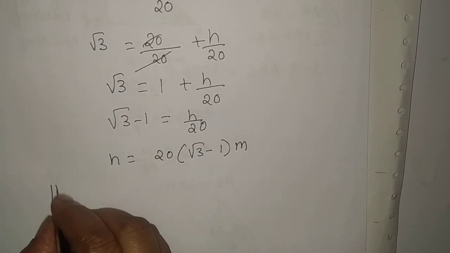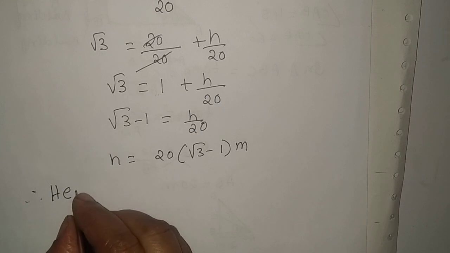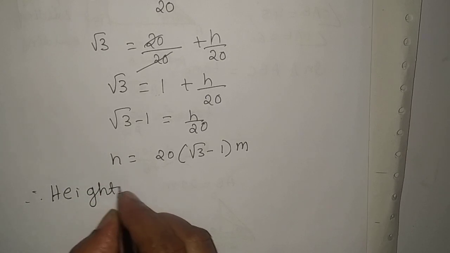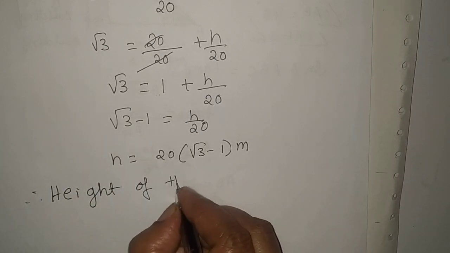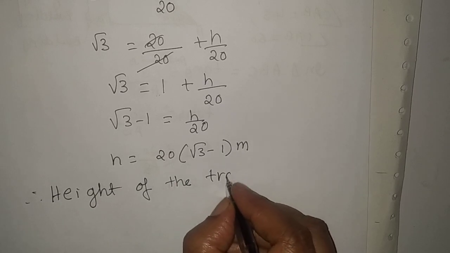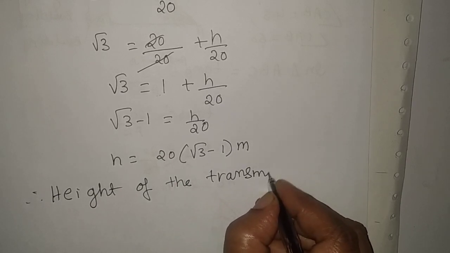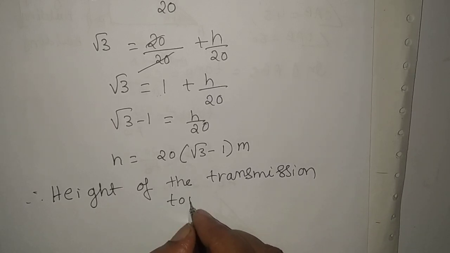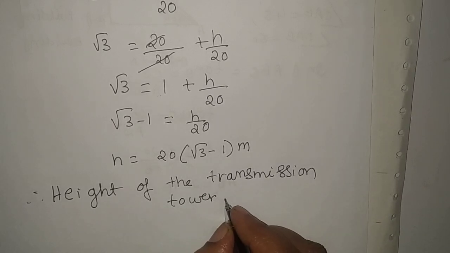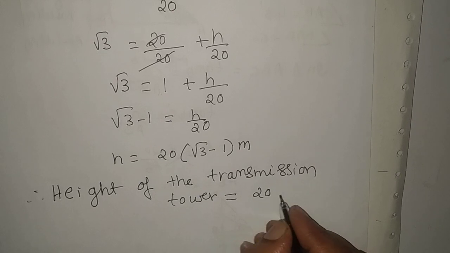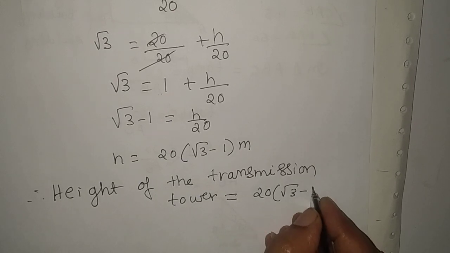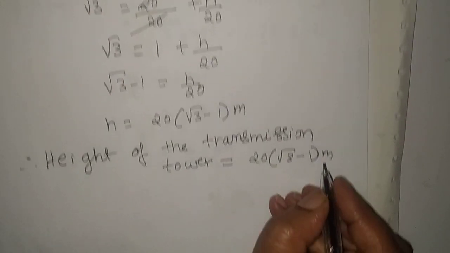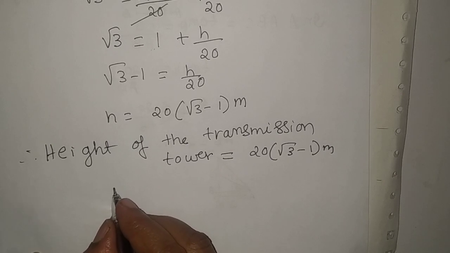Therefore finally we write the height of the transmission tower is equal to 20 (root 3 minus 1) m. That is this H.